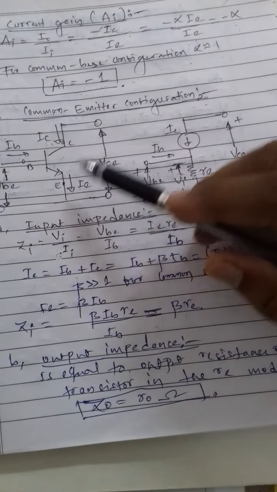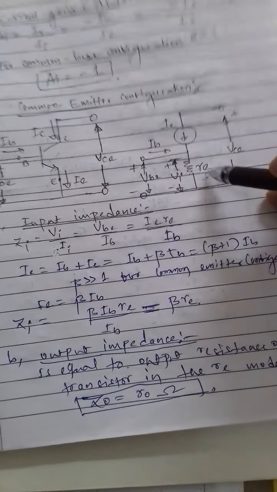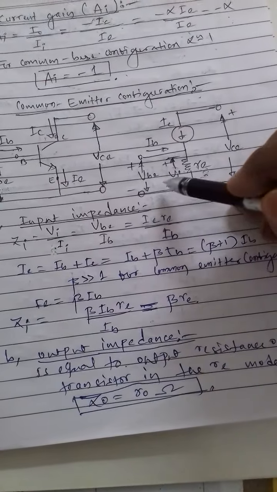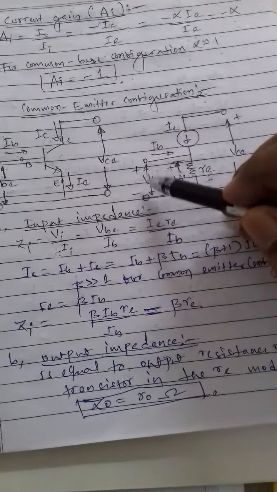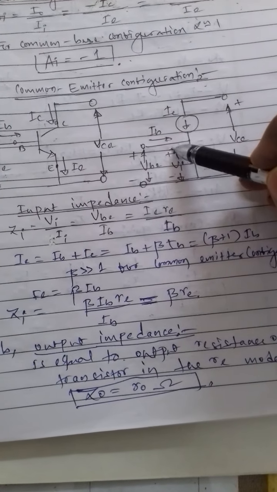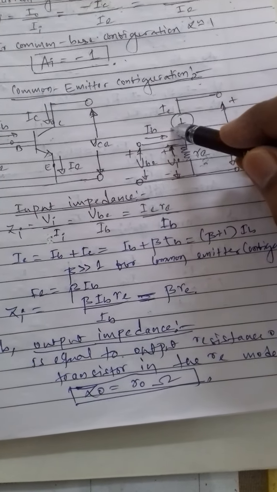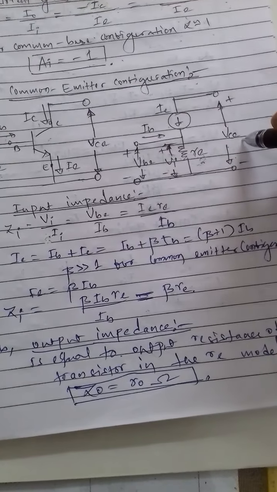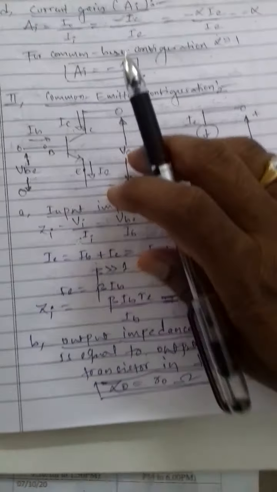This part of the circuit is replaced by the emitter resistance, and here the base to emitter voltage is the input voltage, the base current is at this point, here it is the collector current, and here it is the output.